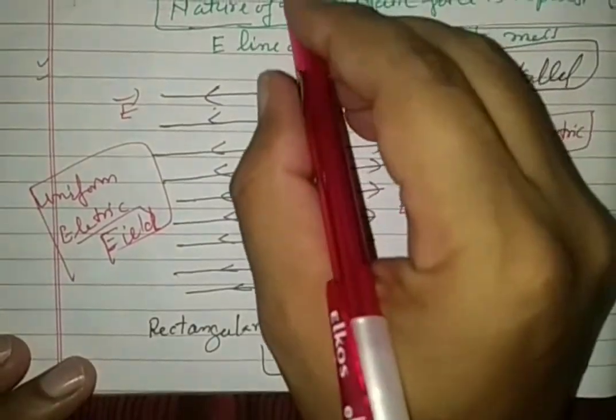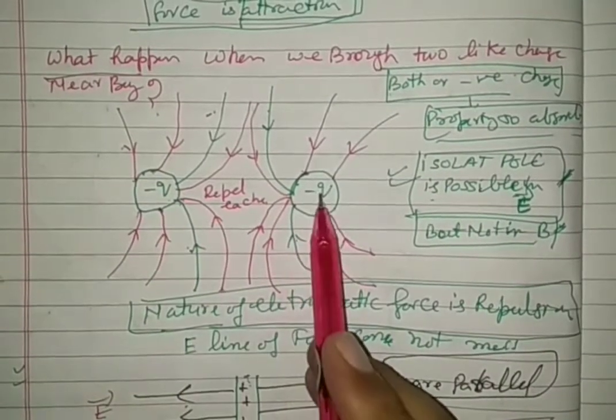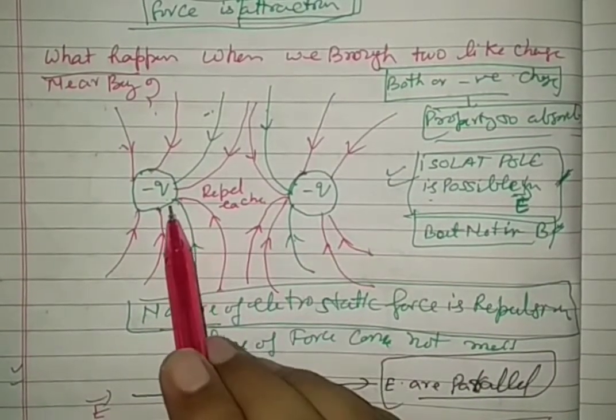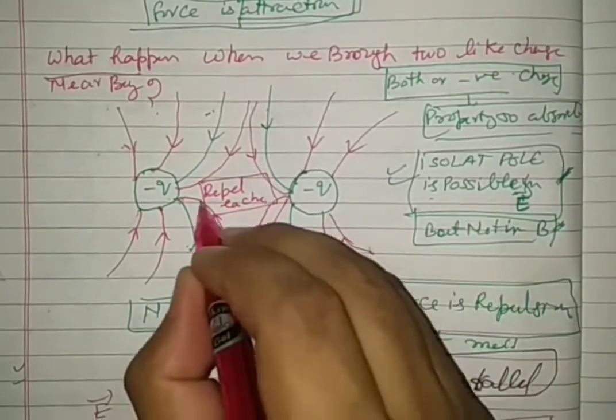But see here, bring here in this diagram where two negative charges are brought nearby and their electric line of forces repel each other.